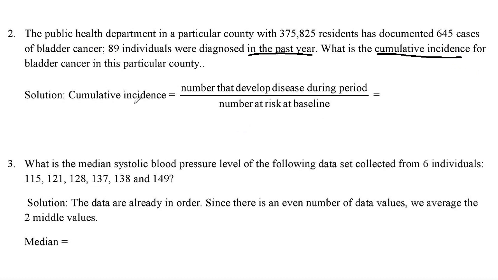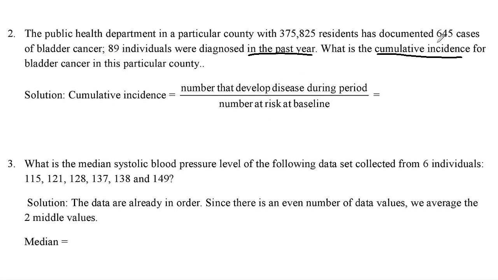So cumulative incidence, again, our textbook definition, these are the formulas at the end of the chapter, is the number that developed disease during the period. So we want the cumulative incidence within the last year, that's sort of implied here, over the number at risk at baseline. So the number that developed it in the past year are the 89.